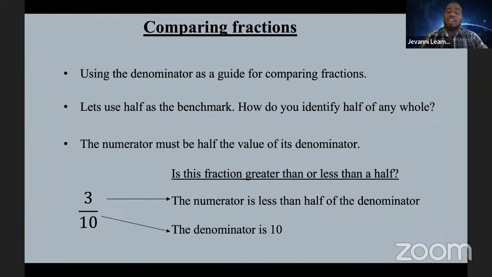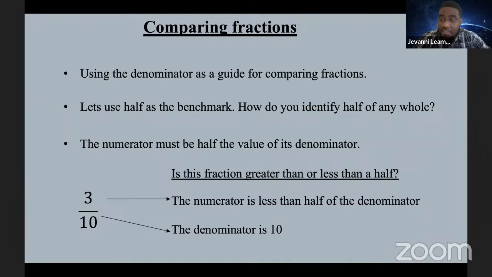All right. So now the numerator is less than half of the denominator. Using that notion, can I say that the fraction 3/10 is greater than or less than a half? What could I say about that?